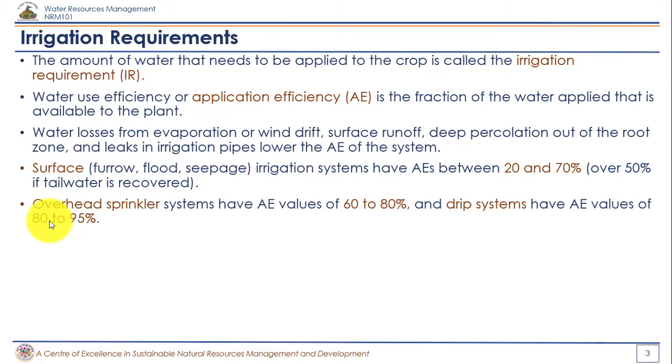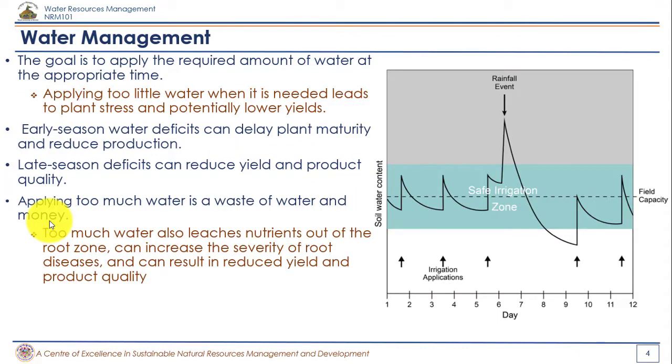So application efficiency is the water that's being available from the water that's being applied to the crop or to that area. And the direction that you move from surface irrigation to drip irrigation, the higher the application efficiency that your crops may get. So it's all about looking at application efficiency.